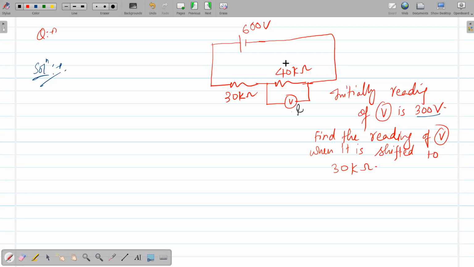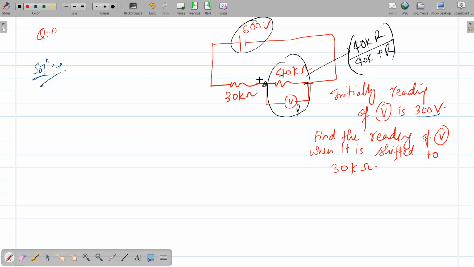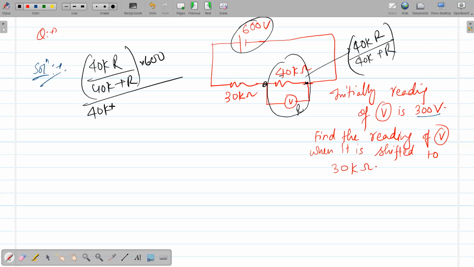So here you can see that the total effective resistance across these points will be 40k into R divided by 40k plus R. Now we can divide the potential difference across these two resistances: 40k R divided by 40k plus R, multiplied by the total potential 600, whole divided by the sum of these two, 40k R divided by 40k plus R plus 30k.